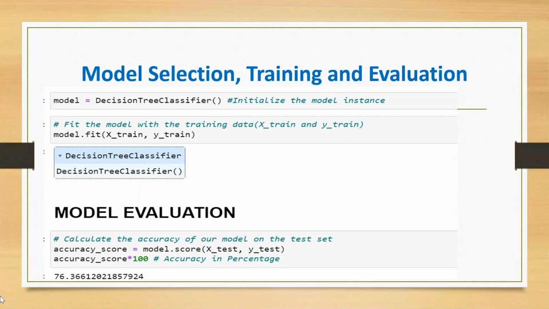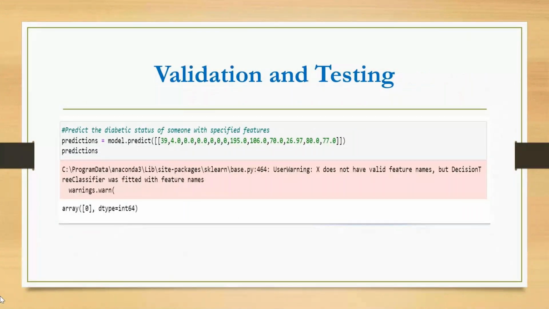In my view, this is good. The minimum should be 50%, so 76 really, according to me, is strong. We also did validation and testing just to see how it behaves if I'm to do a prediction, and you can see the model works accurately and gives output.